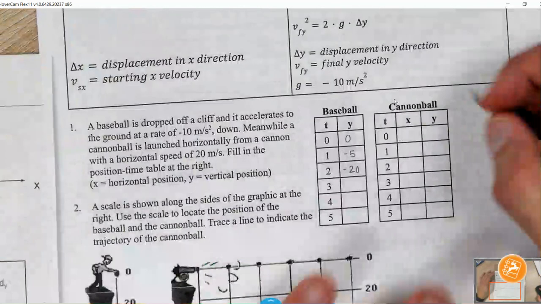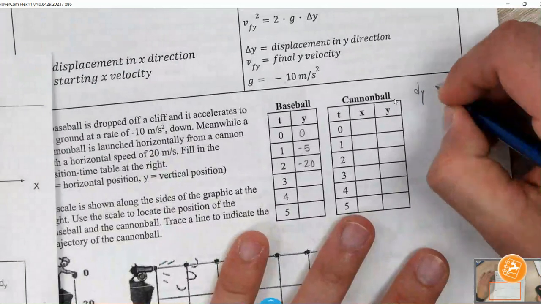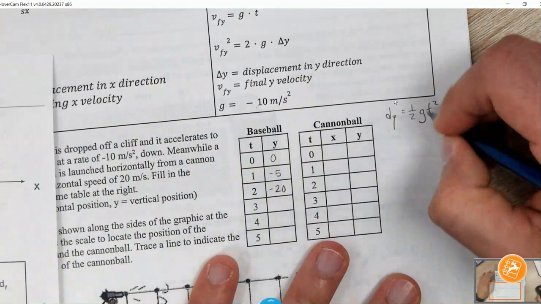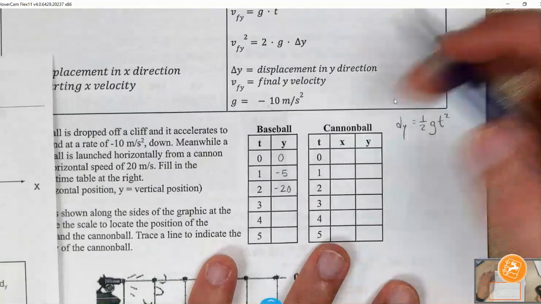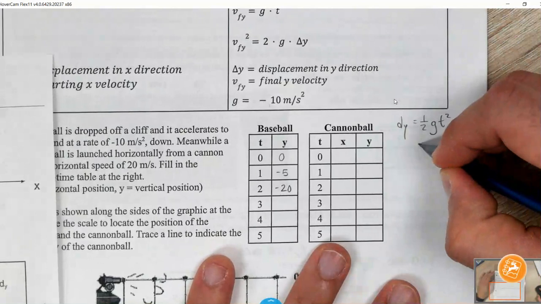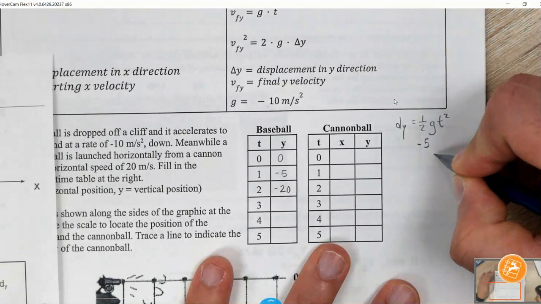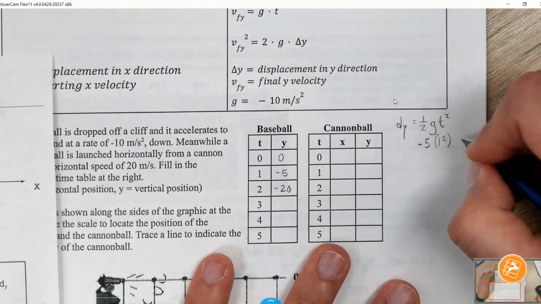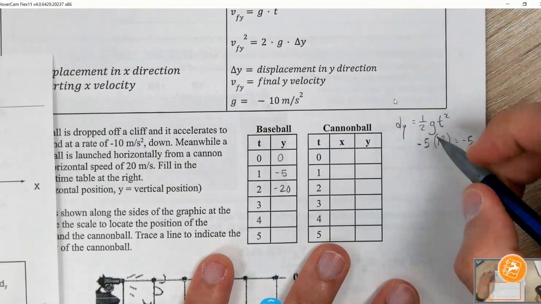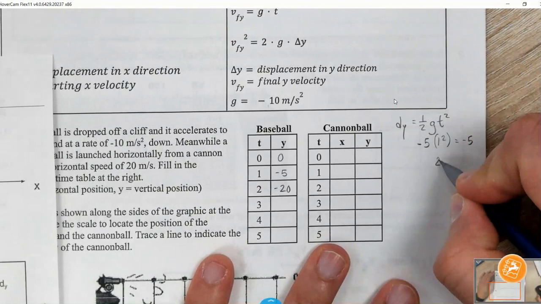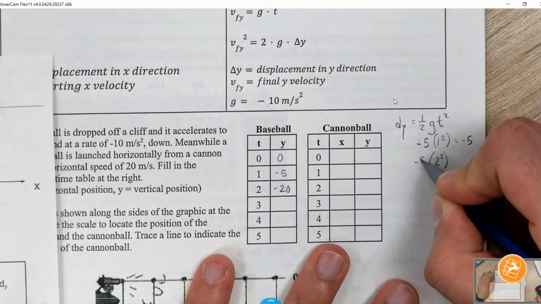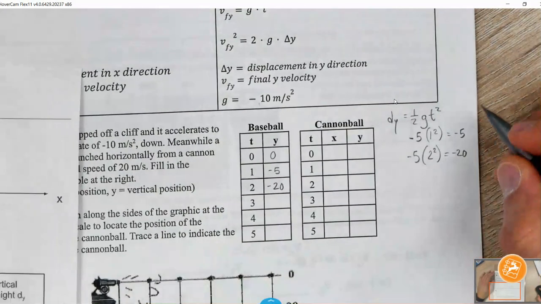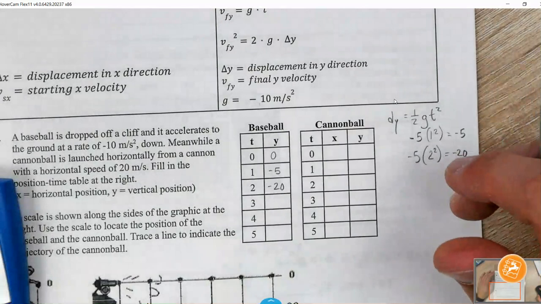So for the math for the baseball, you're doing 1/2 gt squared. If g is negative 10, 1/2 of negative 10 would be negative 5, times whatever t squared is. So 1 squared is 1 times negative 5 is negative 5. For the second, 2 squared is 4 times negative 5, negative 20.